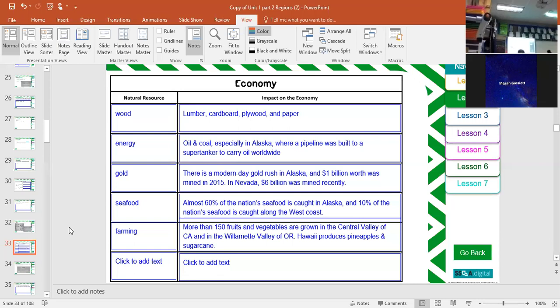Pull your folder back. Everybody have their name and date on the Writing Revolution sheet? Yes, ma'am. Okay. Everybody have this finished?